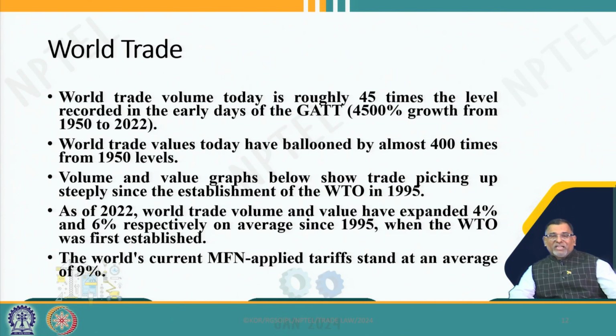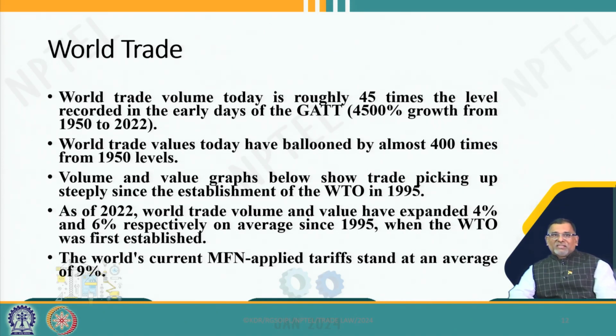Up to 1995 the GATT prevailed. From 1995 to 2023 the WTO regime is going on. So, we can say that there is a total of 4,500% growth, a phenomenal growth of international trade during the GATT and WTO.